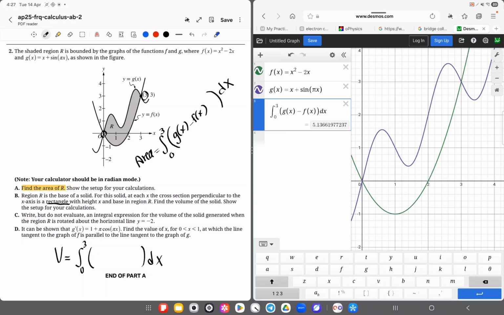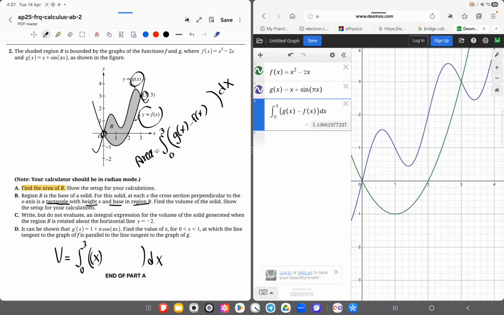Now a rectangle has two dimensions, a height and in this case a base. Now the base is R and the height is x. So the height is x and the base is R. And what's R? g of x minus f of x. And that's how we do it.